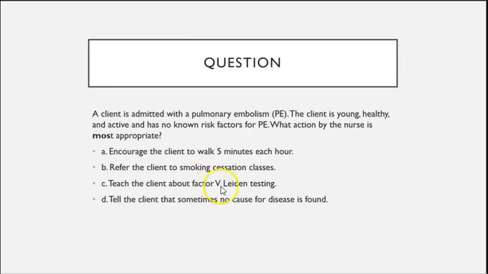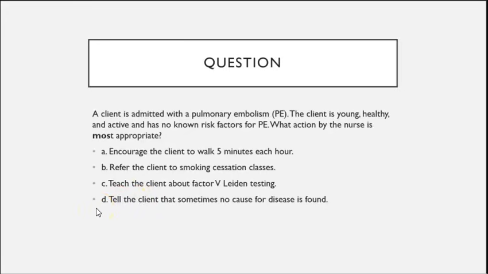Teach the client about factor V Leiden testing. Factor V Leiden testing? Yes, absolutely. Teach a client that sometimes no cause for disease is found. We're not going to say that. If that is true, then the doctor's going to say that, not us.